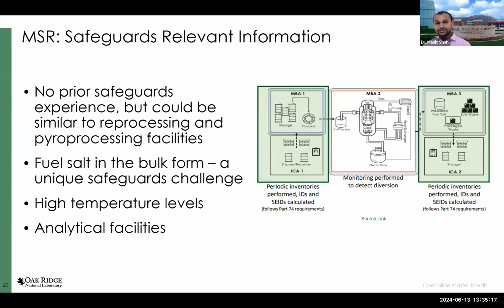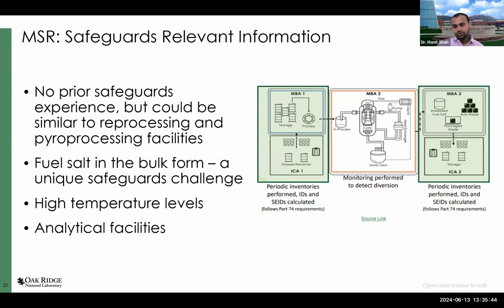So the uniqueness with MSR is that there is no prior safeguards experience. There is only one operational experience with MSR, the molten salt reactor experiment at Oak Ridge National Lab, which operated for close to a decade in the 60s.